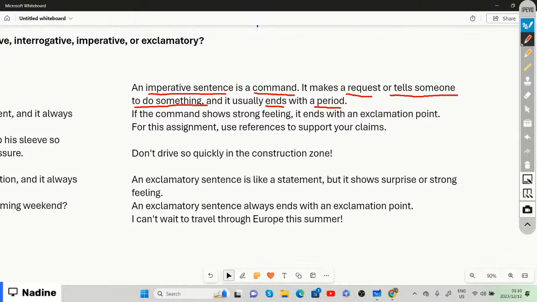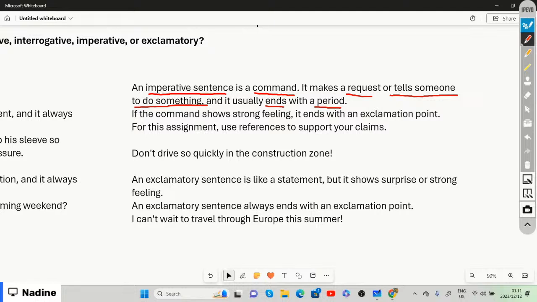If the command shows strong feelings, then it ends with an exclamation point. So an imperative sentence is a command, like making a request or telling someone to do something, which ends with a period.